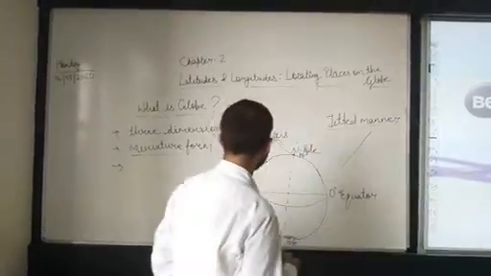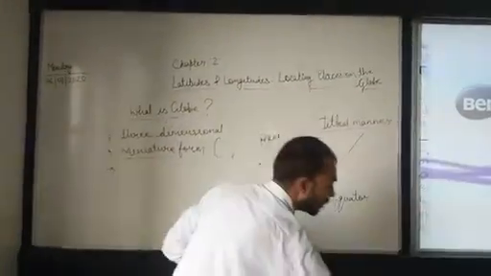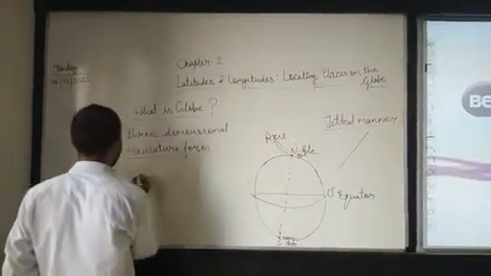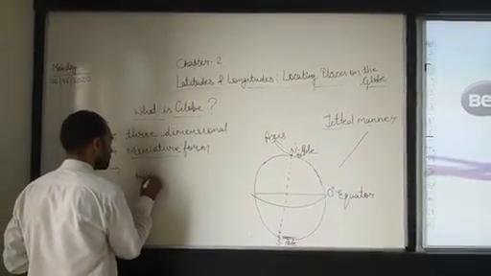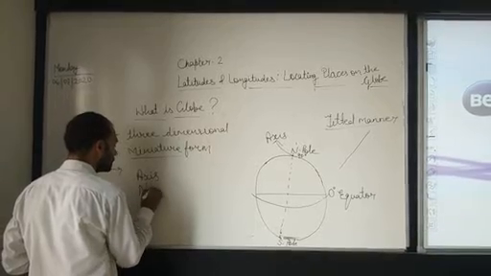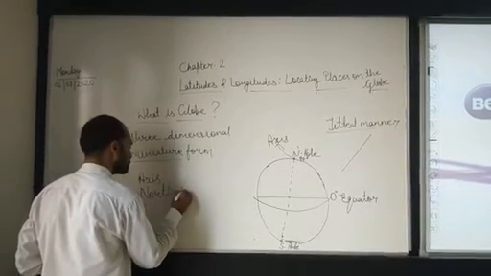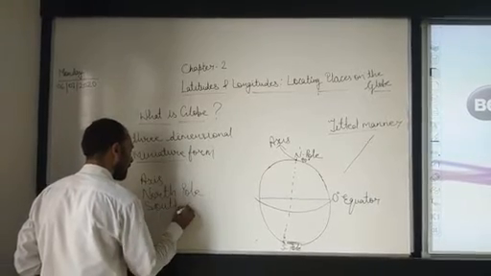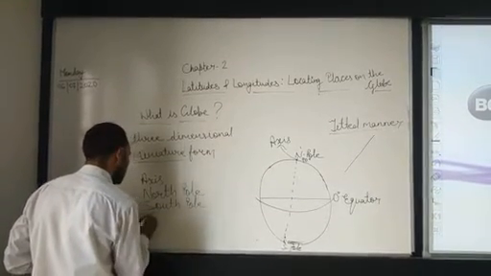So these are the points of reference of the globe: axis, North Pole, South Pole, and equator.